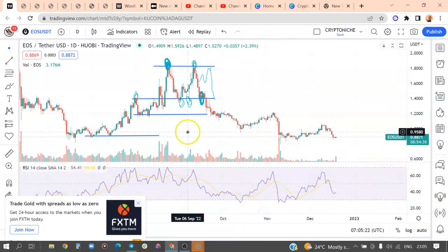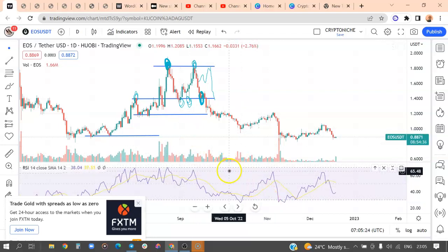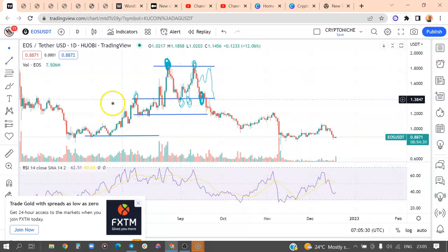If you look at this now, you see that I had a chart. I did the technical analysis on EOS some months ago, I think when I was training one of my students on technical analysis and how to have a look at the chart.